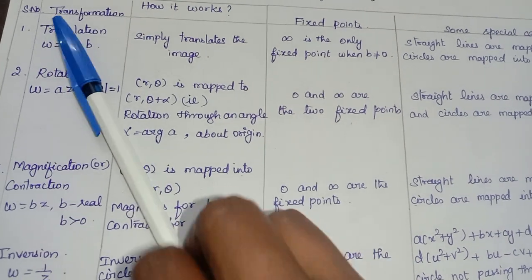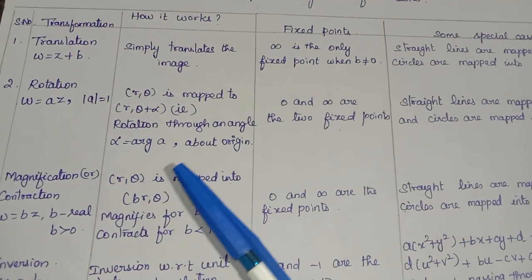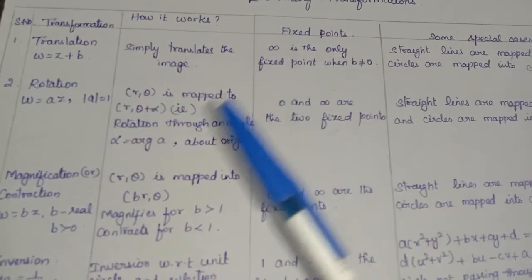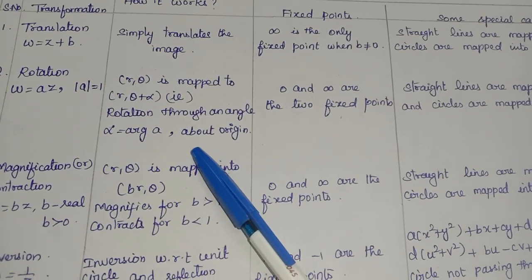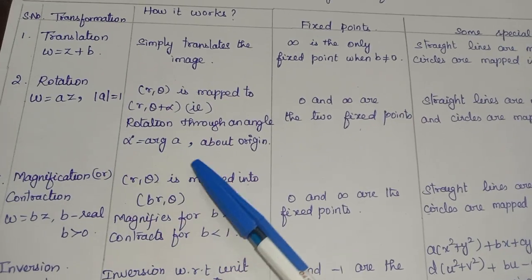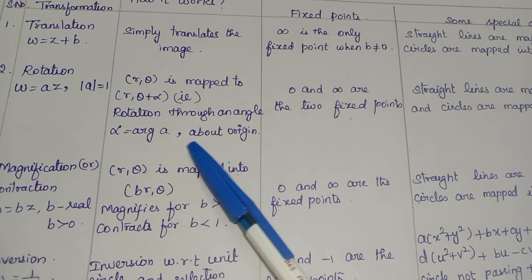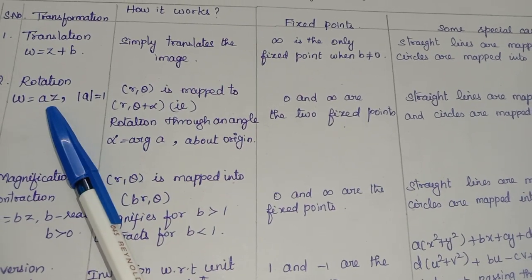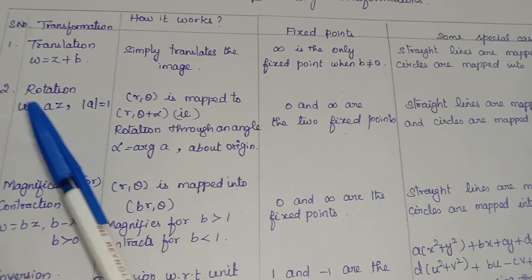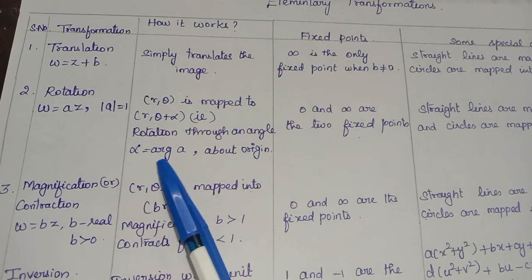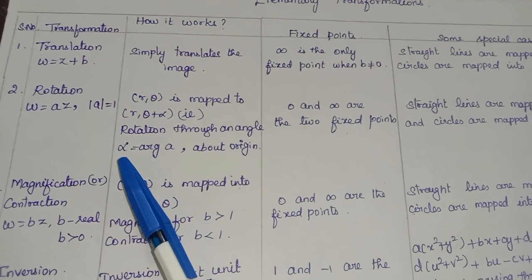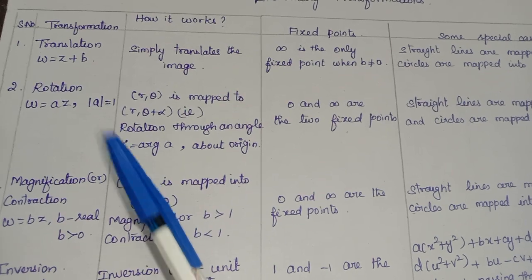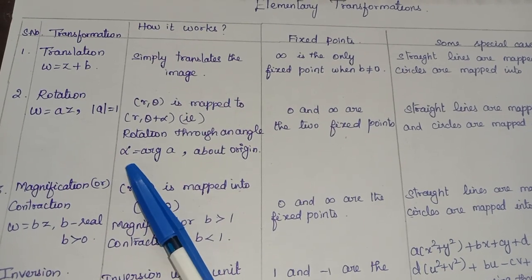Here also there will be no change in the size or the shape, only the orientation is rotated. So how much angle it gets rotated is another question. You see here I have written A; look at the argument of A, that angle is taken as alpha, that angle is changed here.